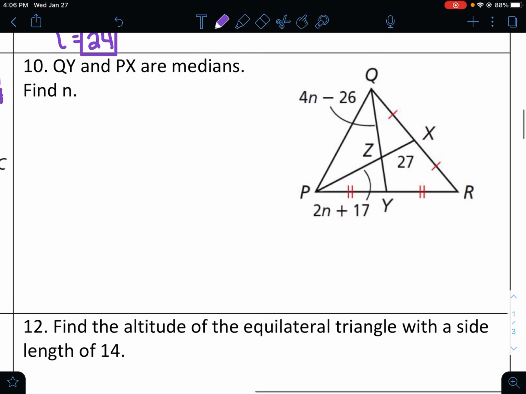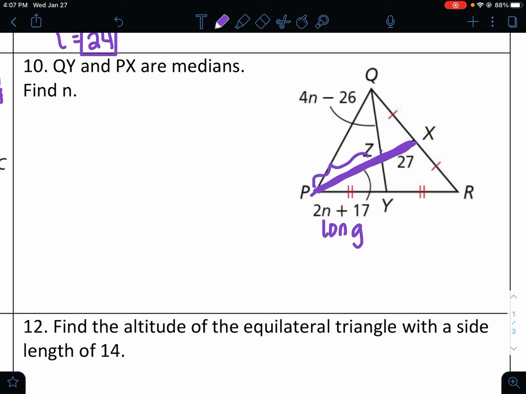Number 10. All right, so we're given a few different things. It tells us that QY and PX are both medians, and it wants us to find n. Now, if I try to use this bit, it says that this thing is 4n minus 26. So that's not going to be too helpful because I don't know what this side is equal to. So I'm going to focus my attention on PX because PX gives me the long, this part right here.